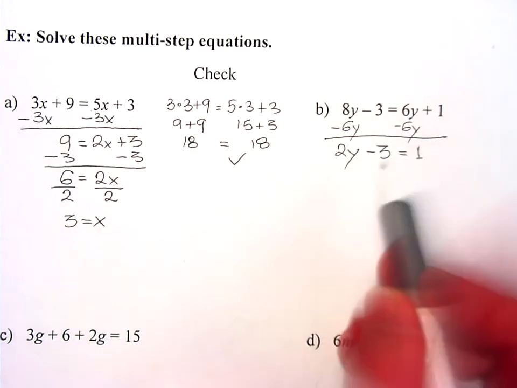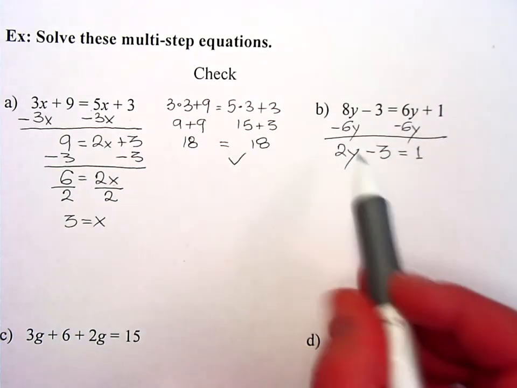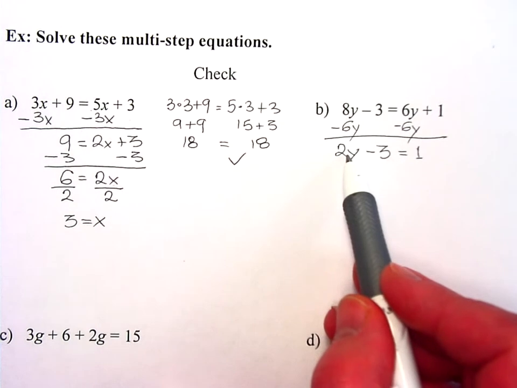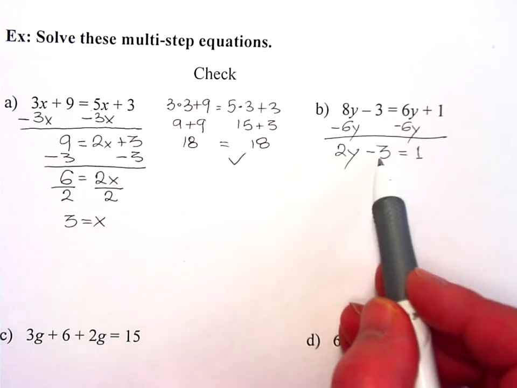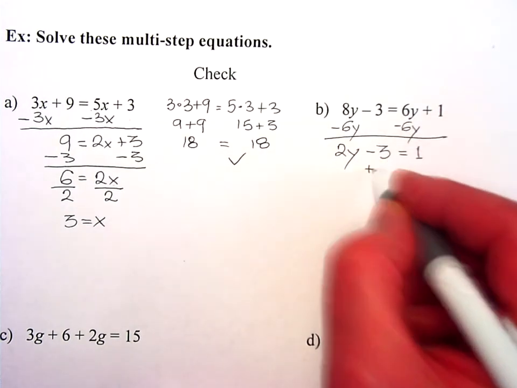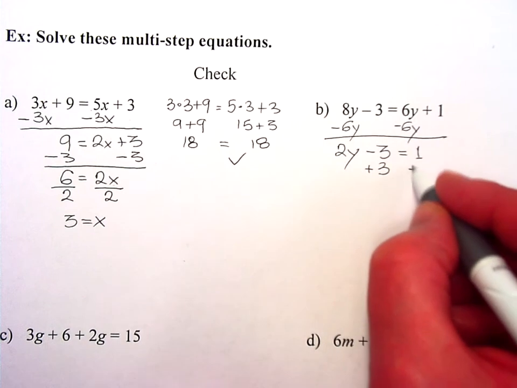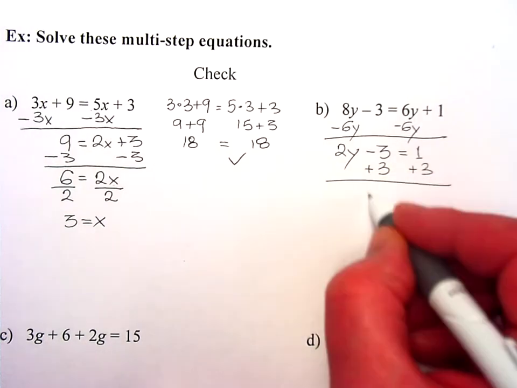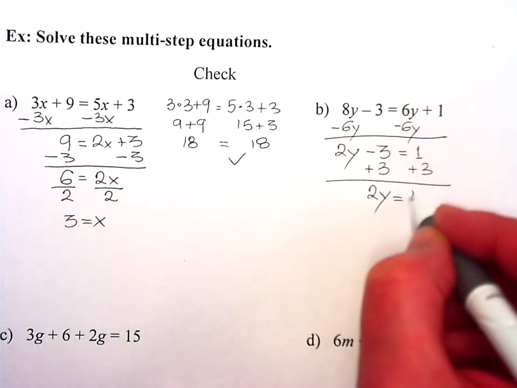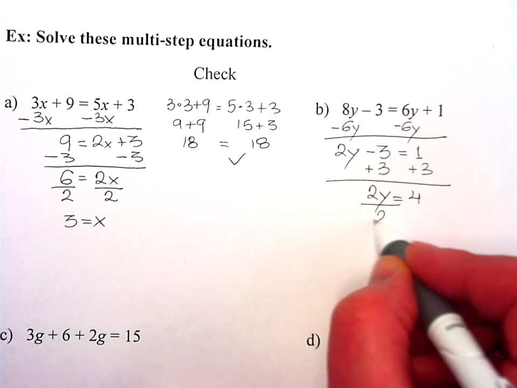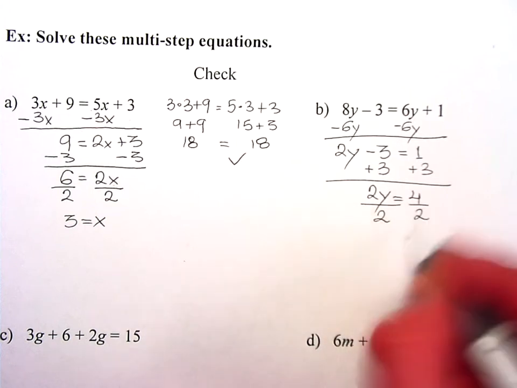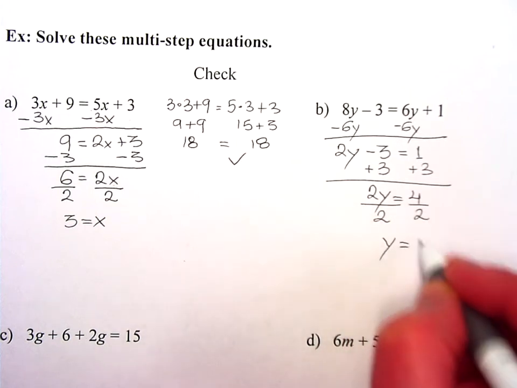Now I notice I just have a two-step equation where I have multiplying by 2 done to the variable and subtraction of 3. I have to undo subtraction of 3 by adding 3. I have 2y equal 4. I need to undo multiplication by dividing, and I have y equal 2.